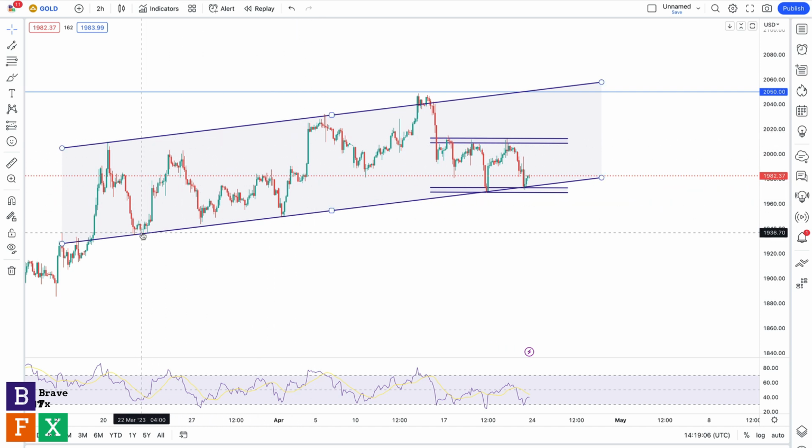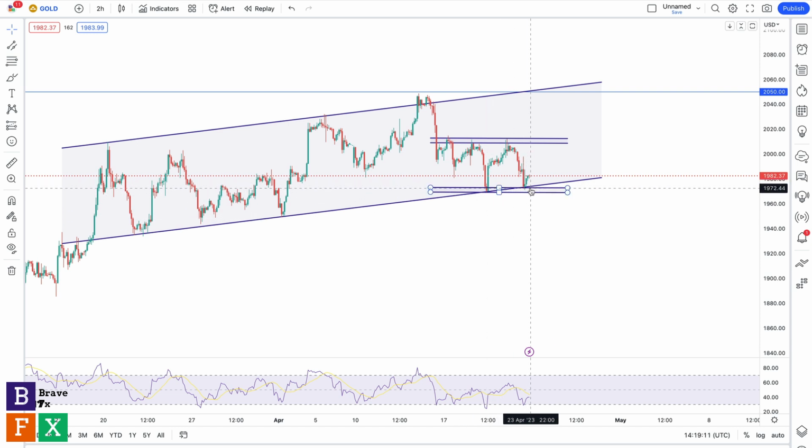So we have 1, 2, 3, 4, and now we have 5. So we have 5 higher lows, with price moving upwards within this ascending channel with 3 rejections of these price levels, which is why I've marked out this level as a mild or mini resistance level.